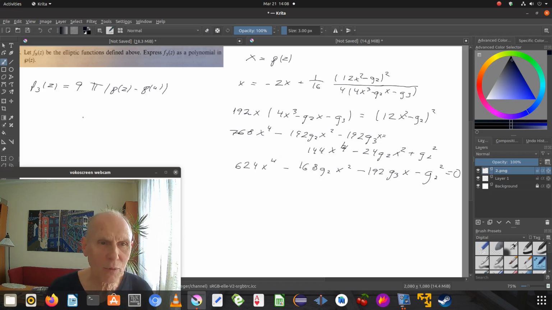And then the coefficient to x when it's f3 should be 9. So 9 doesn't divide this number. Damn it. 3 does though. Well, let's just divide by it and multiply. What do we do? Yeah, divide by it and multiply by 9.